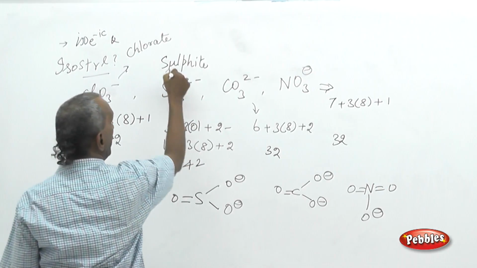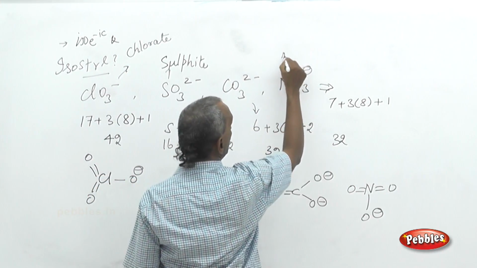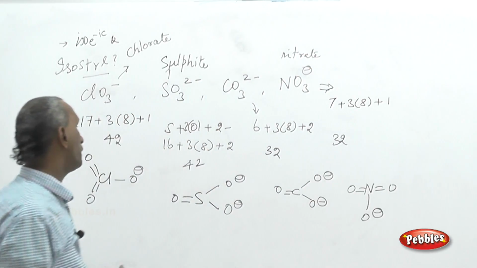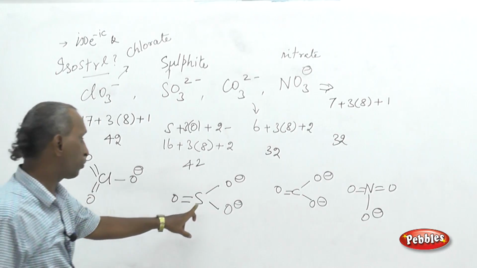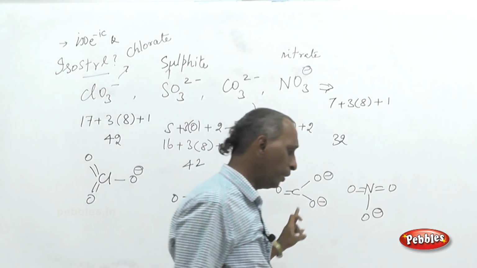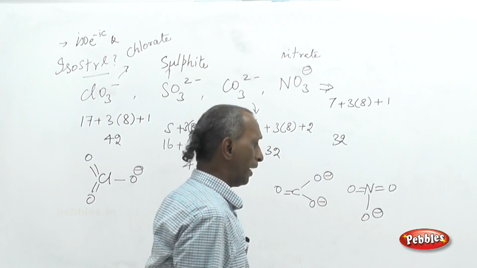This one sulfite. This is carbonate we know. This is nitrate, NITRATE, nitrate. So, this is the arrangement: ClO3 minus, SO3 2 minus, CO3 2 minus and NO3 minus.